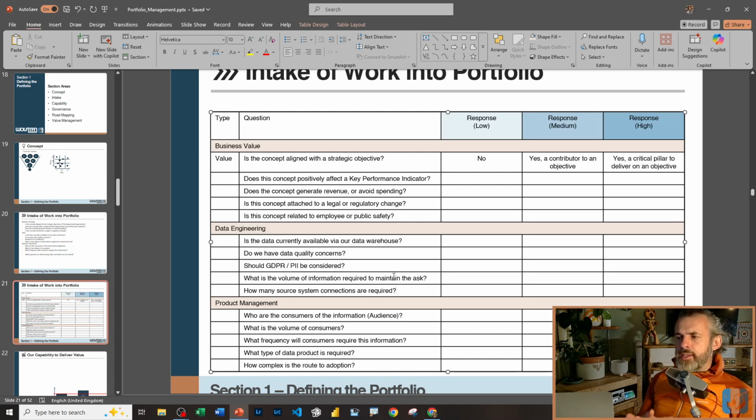Okay, so the last section on product management. Who are the consumers of the information? So who's the audience? That'll be an interesting one to answer. And then the next question is, what is the volume of consumers?